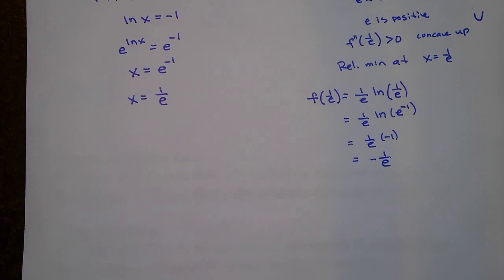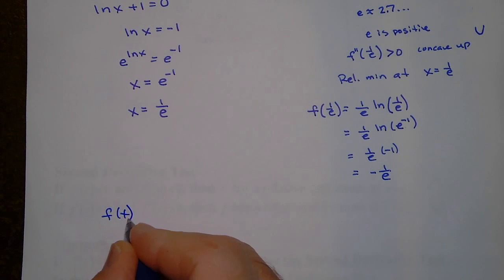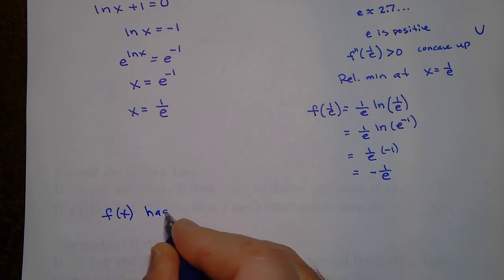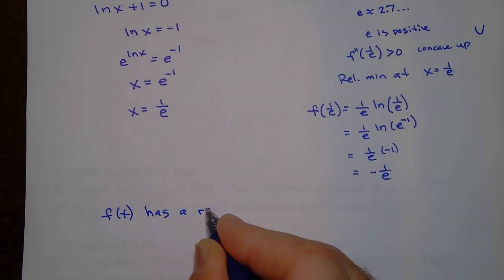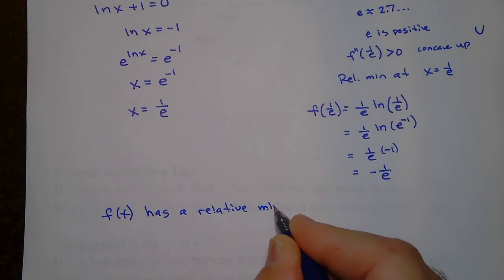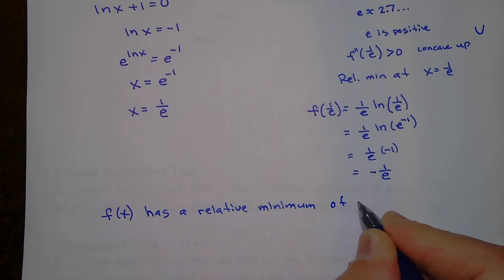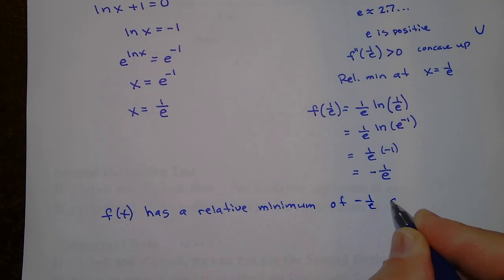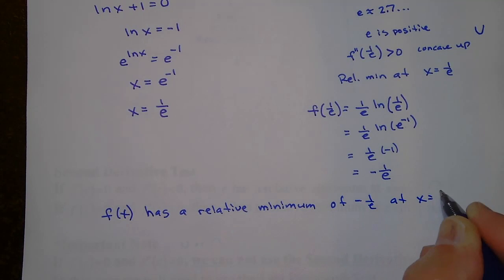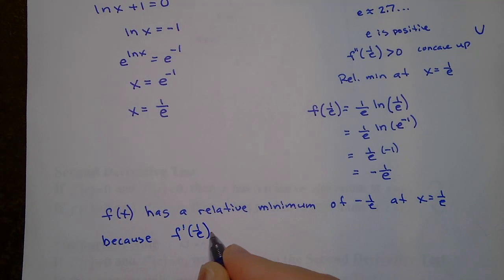Okay, so what does this mean? This means we can make our justification: f of x has a relative minimum of negative 1 over e at x equals 1 over e, because f prime of 1 over e equals 0.